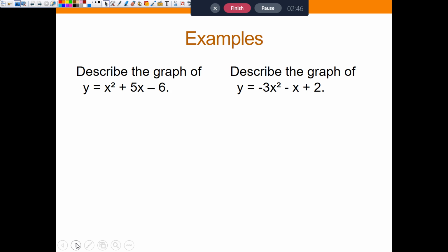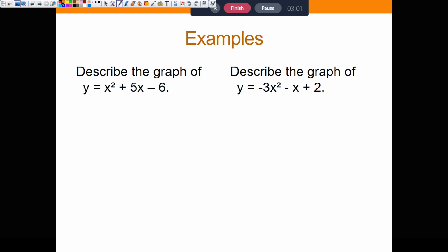So we need to describe the graph of y equals x squared plus 5x minus 6. So this graph opens up because a is positive.